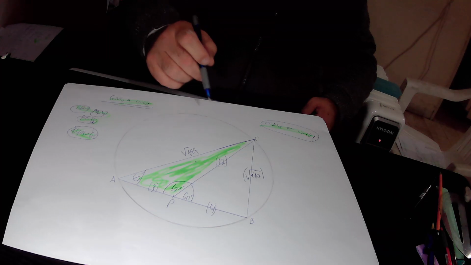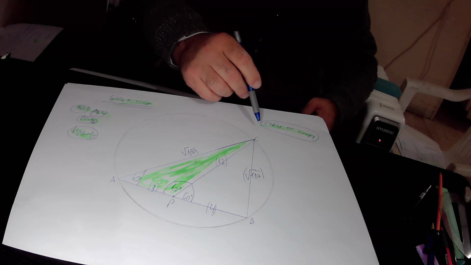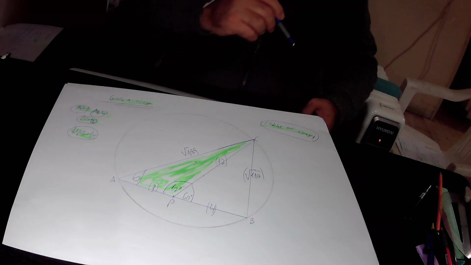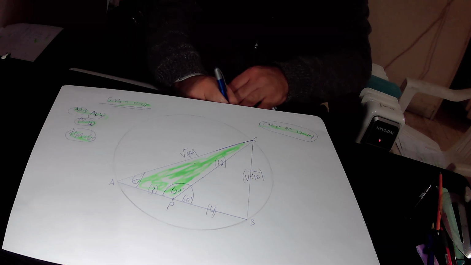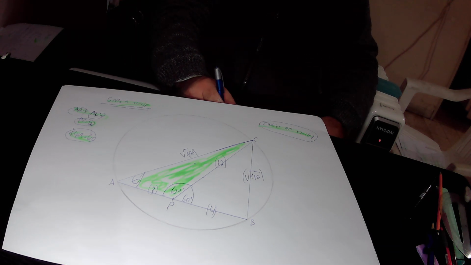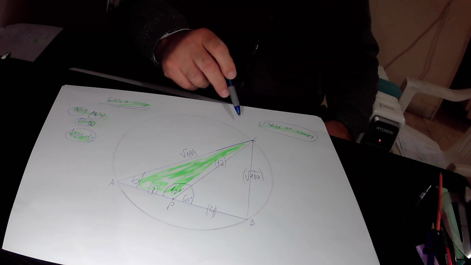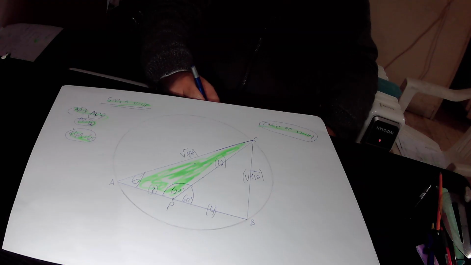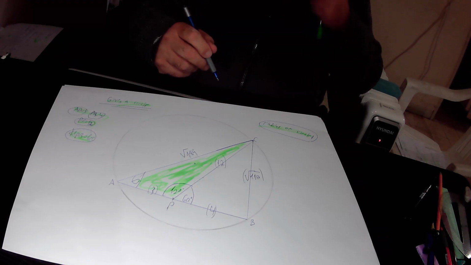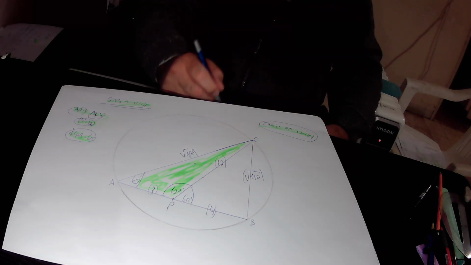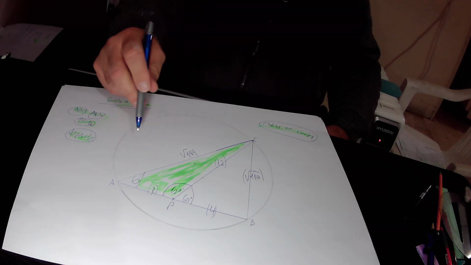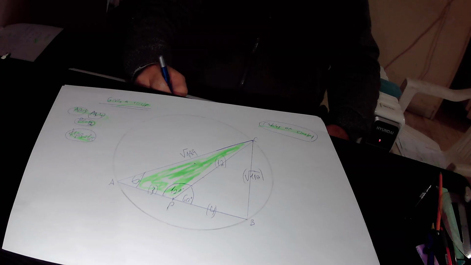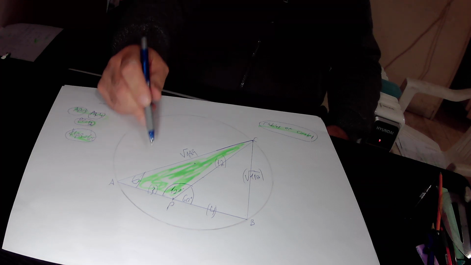So here we get that according to the law of cosines, if we implement the law of cosines in this big triangle ABC, CB squared equals CA squared plus AB squared minus 2 times CA times AB times cosine alpha.